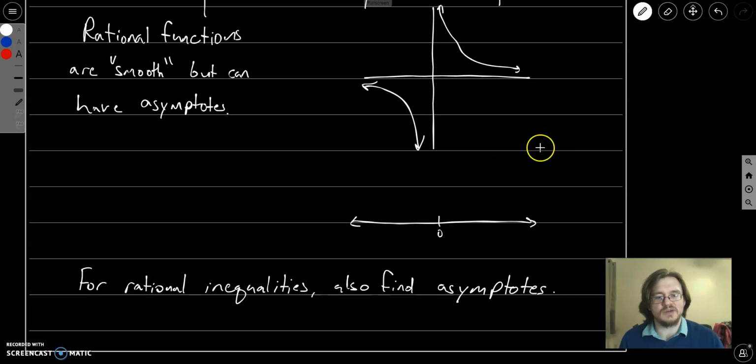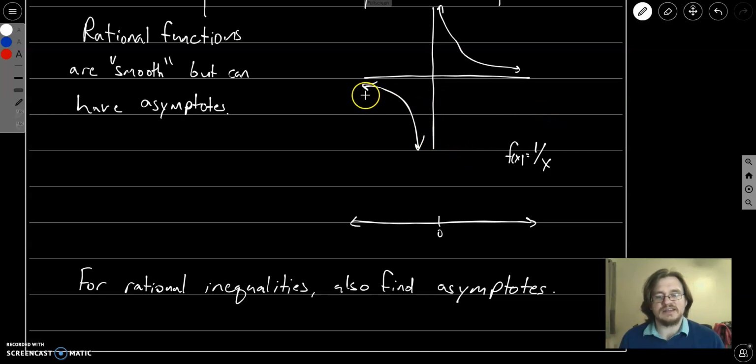So here, this is the graph of 1 over x. And we can see that, yes, we have this asymptote at 0. We're going to be dividing by 0, which is not good. So the function is either going to shoot off toward negative infinity if we approach 0 from the left, or shoot off to positive infinity if we approach 0 from the right.